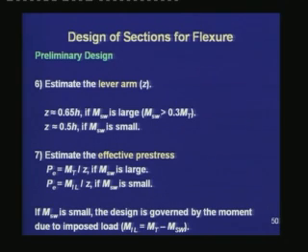If the self-weight moment is large, then the total moment governs the effective pre-stress, and we express PE is equal to MT divided by Z. If the self-weight moment is small, then the moment due to imposed loads governs the design, and we estimate PE is equal to MIL divided by Z. MIL is the moment due to imposed load, which is equal to the total moment minus the moment due to self-weight.